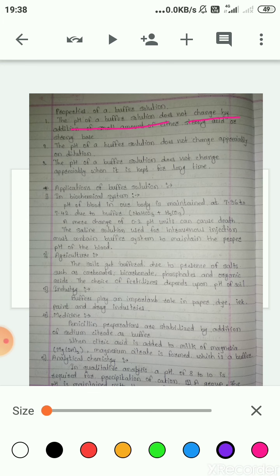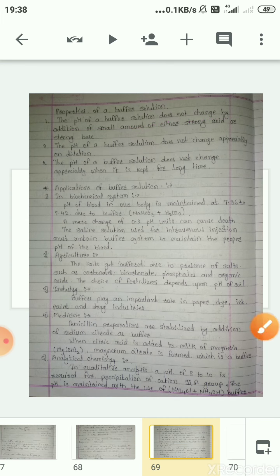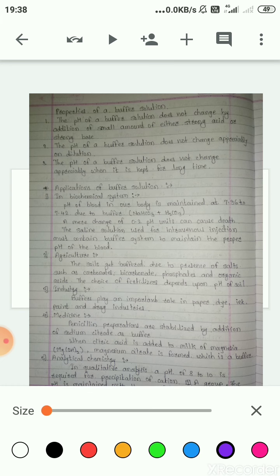Next, the pH of buffer solution does not change appreciably by addition of water or on dilution.